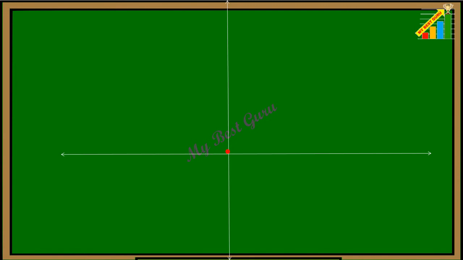Now we will draw the graph for this. So draw your x-axis and y-axis. The first point is 0. Now the right hand side of the x-axis is 1, 2, 3, 4, 5, 6, 7, 8. And x dash is negative, so it is -1, -2, -3, -4, -5 and -6.